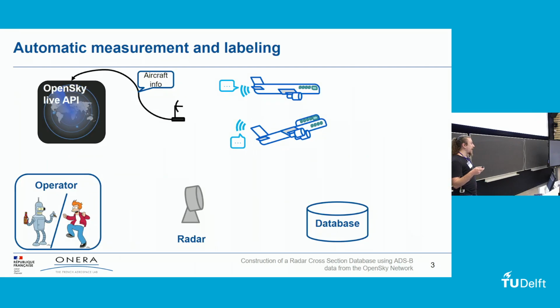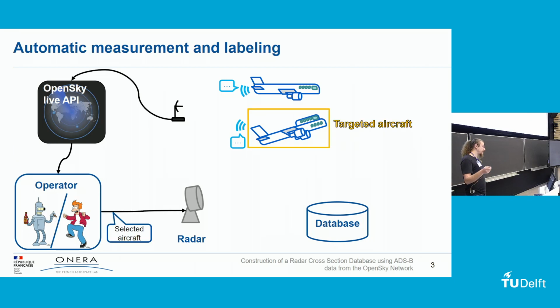So, and how does the automatic measurement and labeling we'll be talking about works? A receiver receives the aircraft info from the ADSB frames. It sends it to the OpenSky Live API. The Live API gives an operator, so a human or a computer, what we call sky truth, so the sky awareness around the radar.